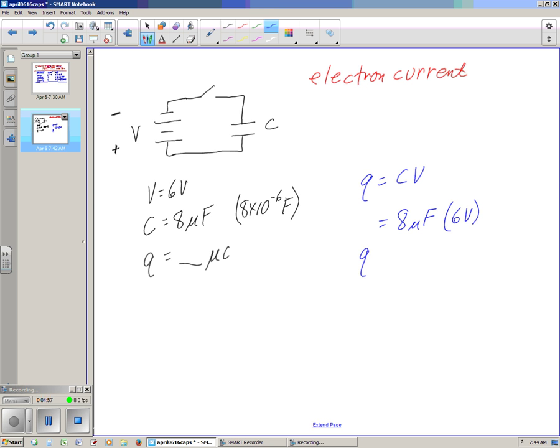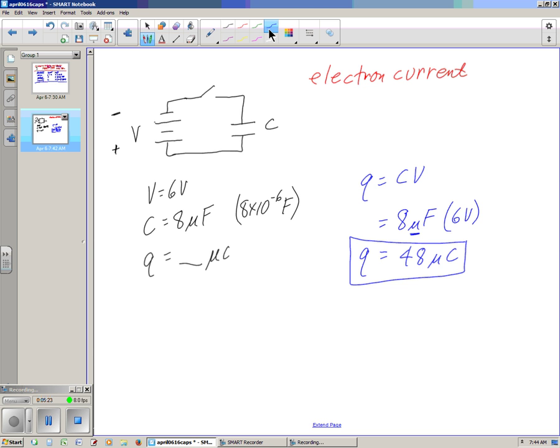We don't have to convert this micro into 10 to the negative 6, because whenever you multiply it by another number, it's still going to come out micro, but in that case, microcoulombs. So that would be 48 microcoulombs. And that would be the charge on that capacitor. So that's all you have to do in a problem like this.